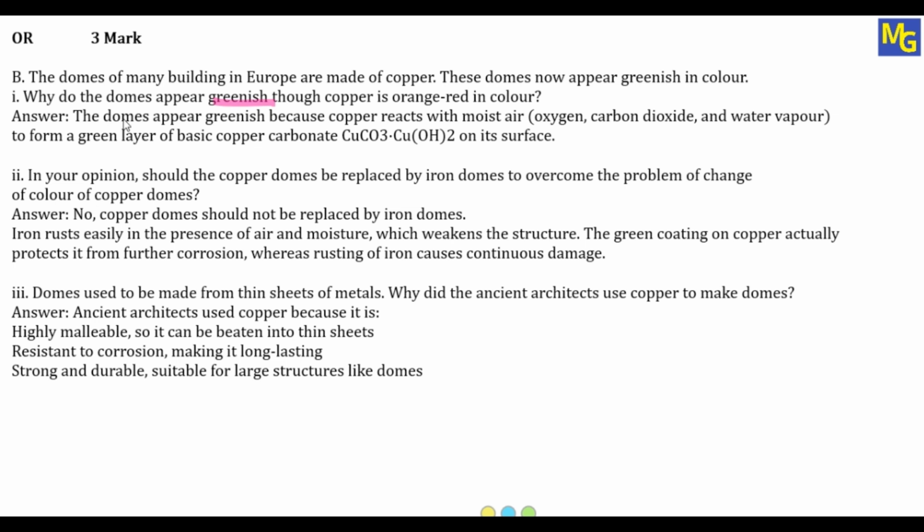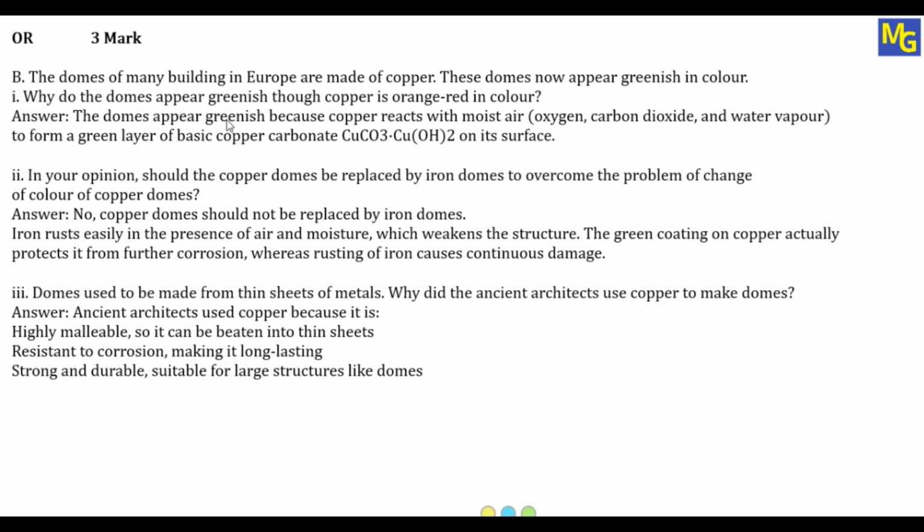The answer is, domes appear greenish because copper reacts with moist air. Copper is a metal which can react with the moisture or the gases present in it to undergo corrosion.